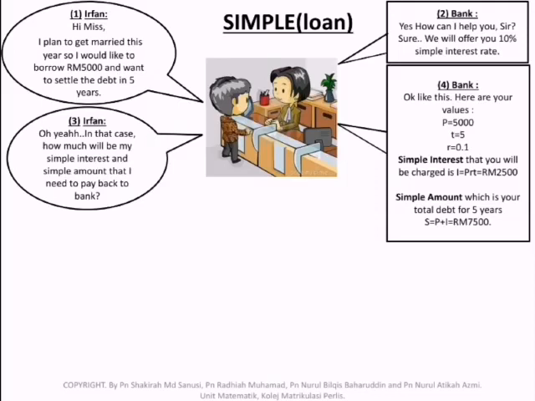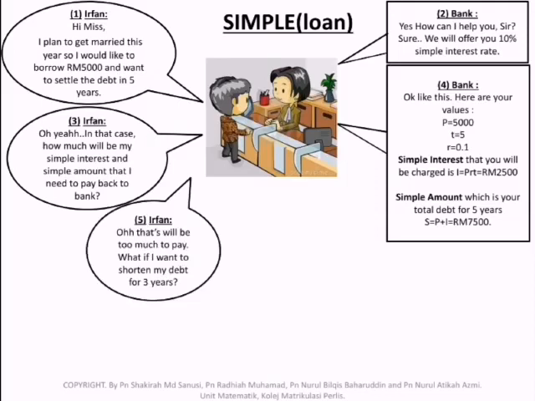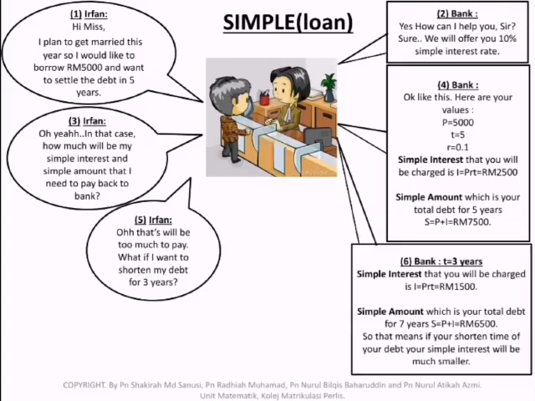Oh, that will be too much to pay. What if I want to shorten my debt for 3 years? Okay, for 3 years, the simple interest that you will be charged is 1,500 ringgit. Whereas your simple amount, which is your total debt for 3 years, S equals to P plus I, will be 6,500 ringgit.